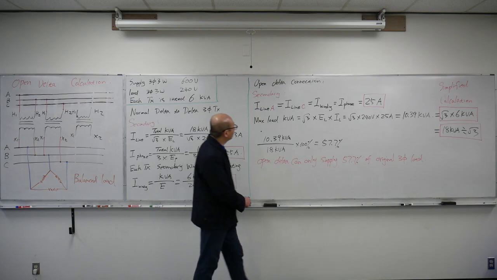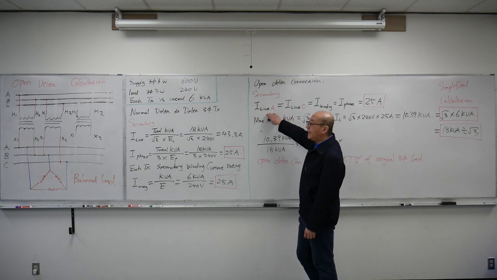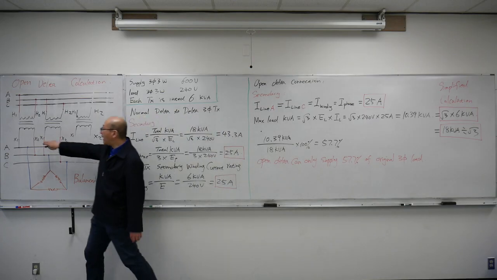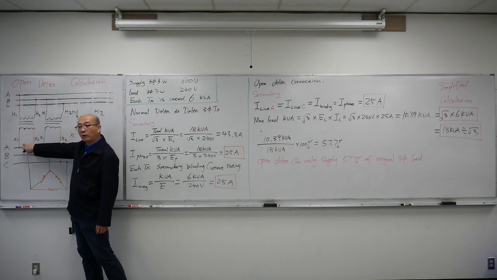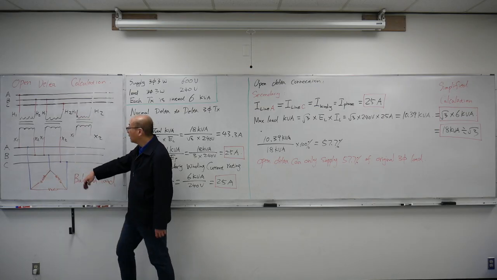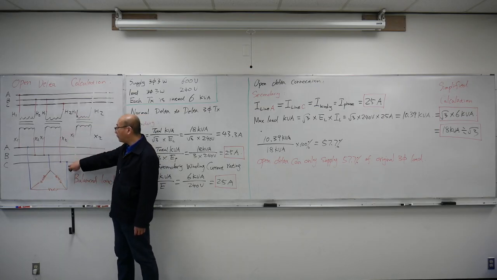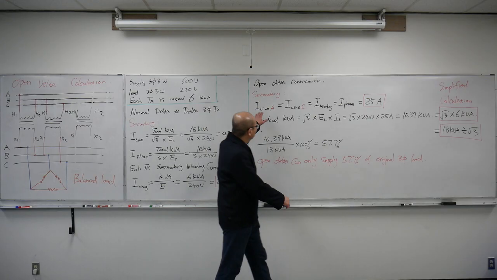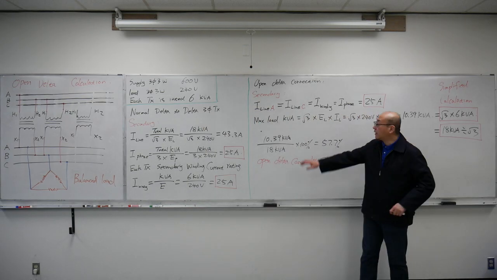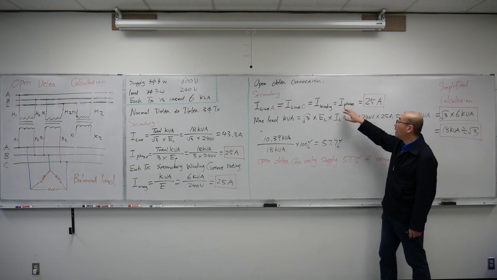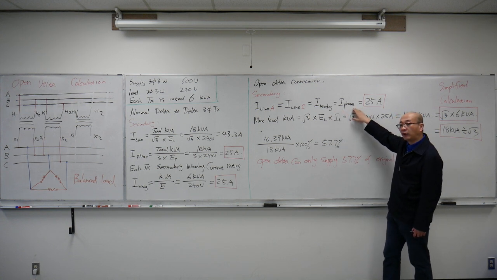So let's look at it. Now the line A current is only going to be supplied by one of the transformer windings, one of the coils down here. The line C current, at the same time, is only going to be supplied by one transformer winding, one transformer phase. So the line A current and the line C current now become equal to the winding current, or the phase current, of the transformer.